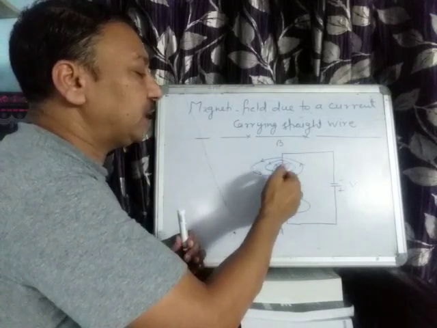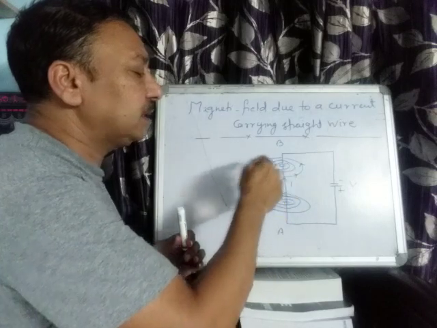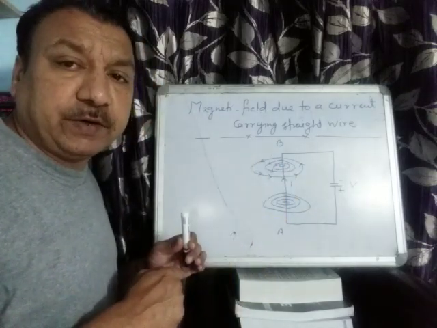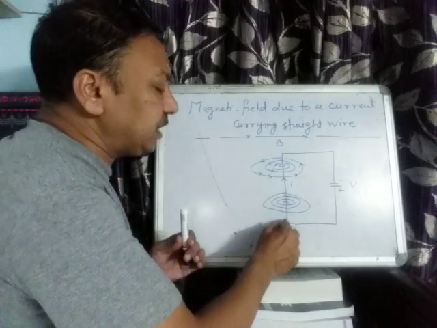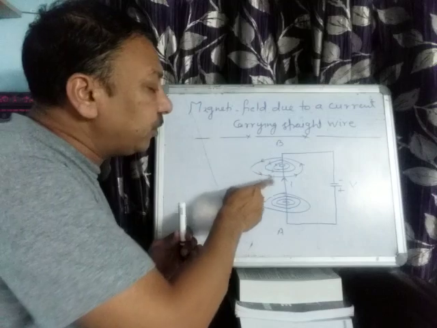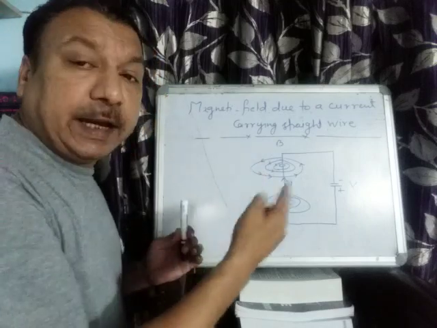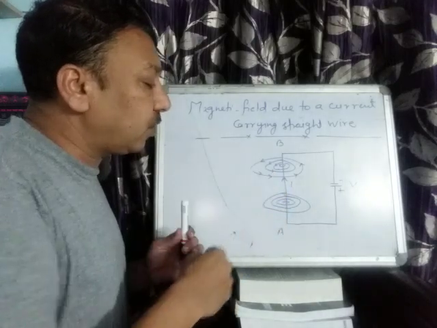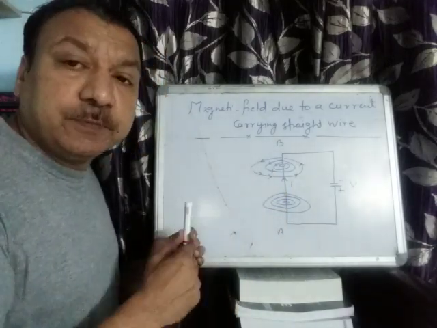So there would be circular magnetic field lines. These are concentric circular magnetic field lines, and at each and every point there is a current. Here I have made only two, but there would be infinite circular rings. At each and every point of this wire there would be a circular field.